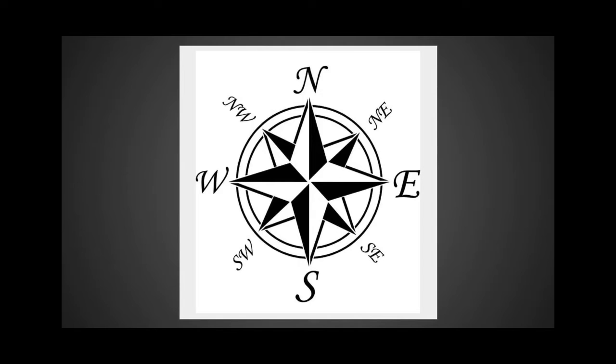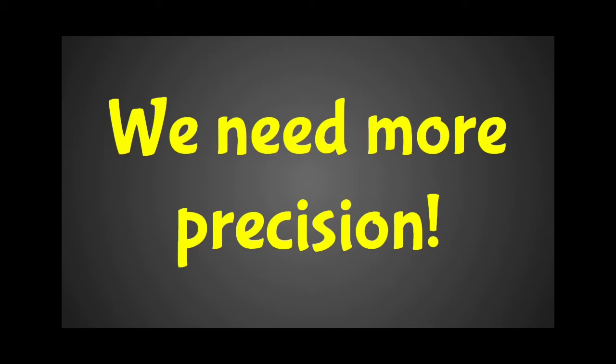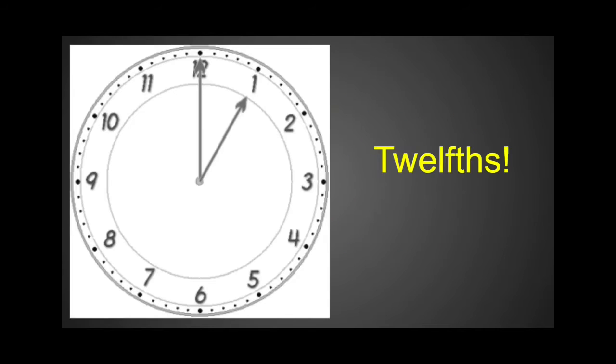Dividing a full turn into 8 parts, that's a lot better than only 4 parts or 4 quarters. Eighths are a lot closer. Still, we're going to need even more precision. So let's look at some other options as well. I'm looking here at this clock face, and I notice that we're taking a full circle and dividing it into 12ths.